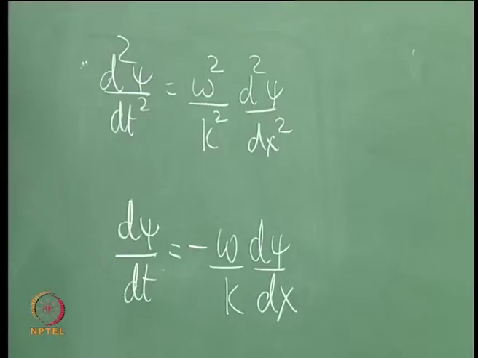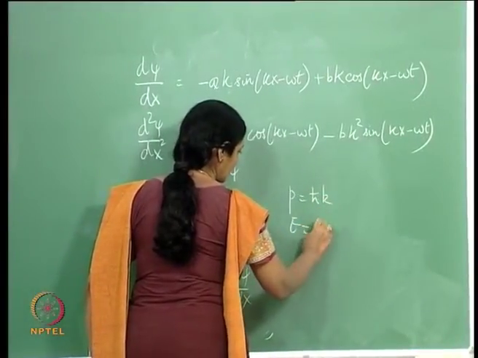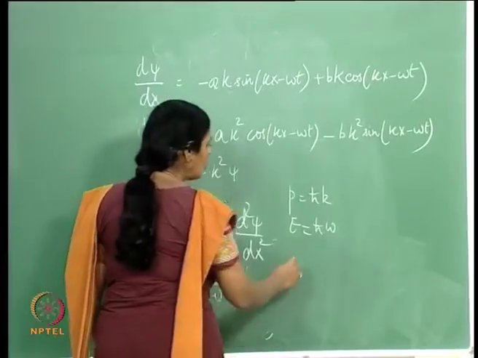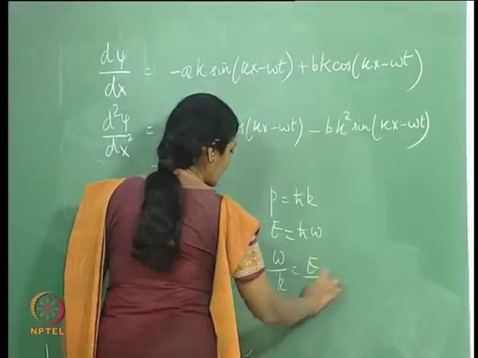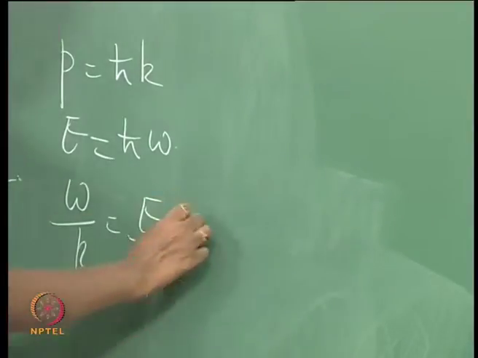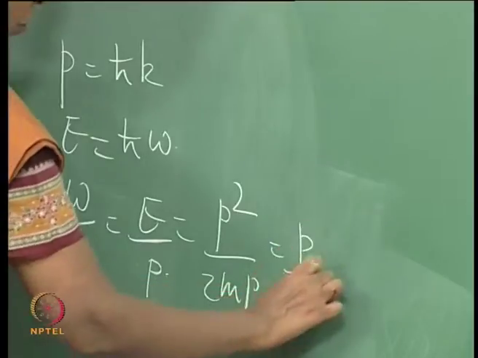The problem is this: if you compare p is ħk and E is ħω, and you look at the ratio ω/k, that is E/p, and that is p²/2m p, which is p/2m.